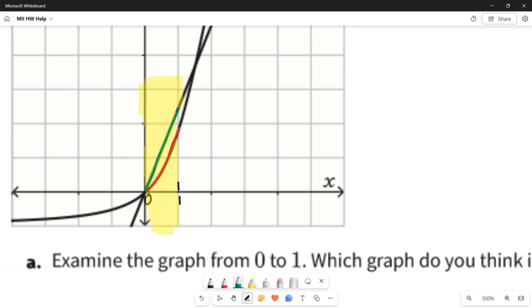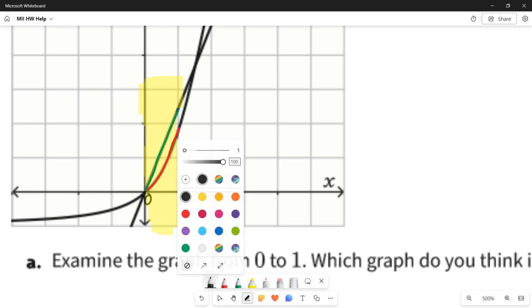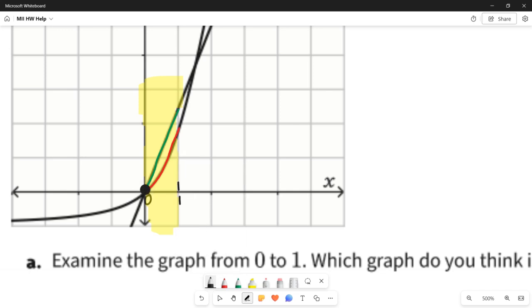And the question is, which graph is growing faster in this interval? Well, it looks like they both intercept the origin. They both go through 0, 0. So they both start at the same spot.